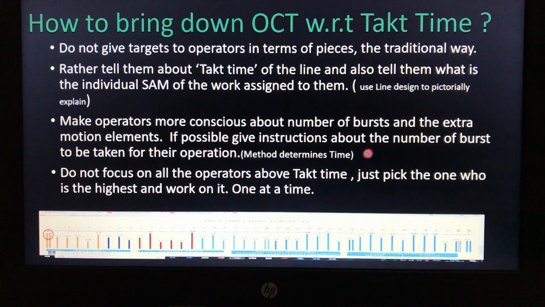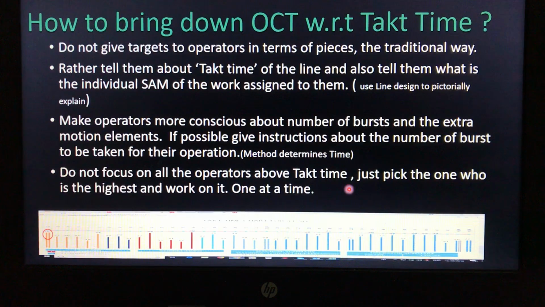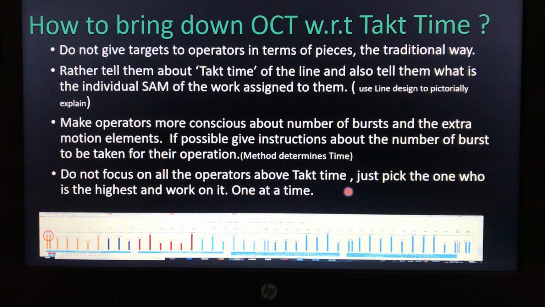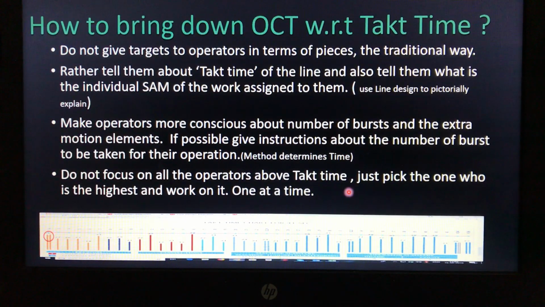And the fourth most important point is, after taking an OCT and comparing it to the takt time, we have the tendency, or the habit, of saying every operation is above takt time. No, that's not the way to do it.